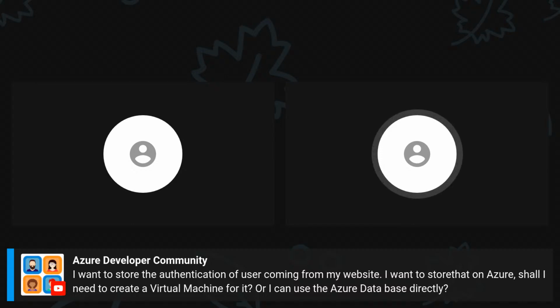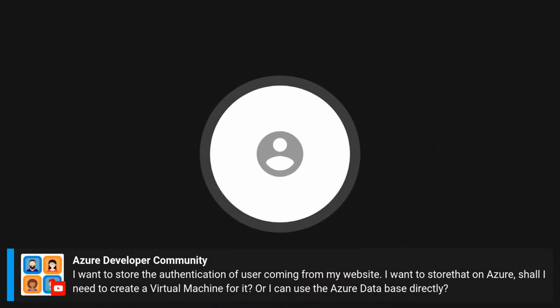Second one, I want to store that on Azure. Shall I need to create a virtual machine for it? See, again, it depends upon your cost and all. If you wanted to create a VM and take care of maintaining all the VMs and creating all the databases to replicate everything, then you can go for this particular VM.